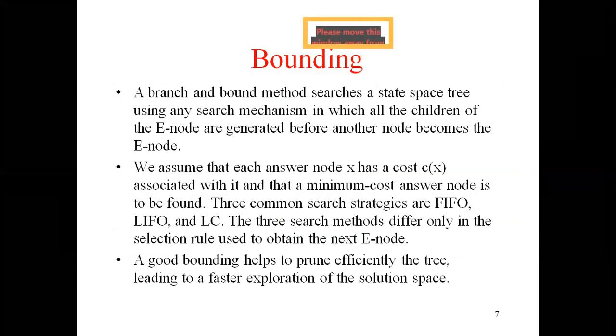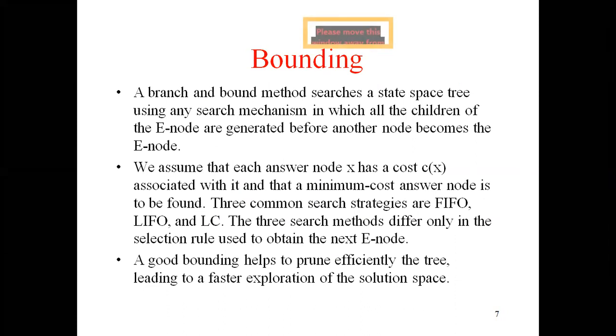Now see today's topic, bounding. A bound is placed for each node's value. We have a lower bound and an upper bound. The solution should be in between them; it should not exceed the upper bound or be below the lower bound.